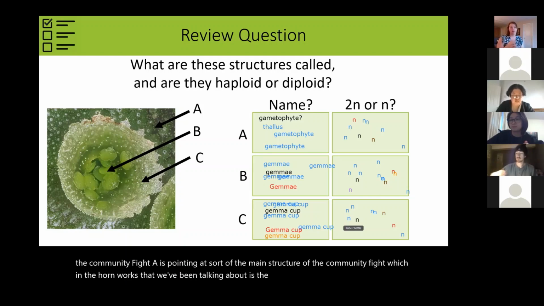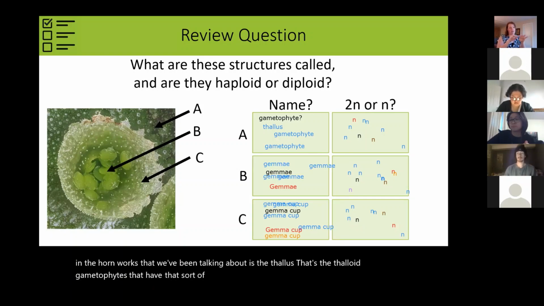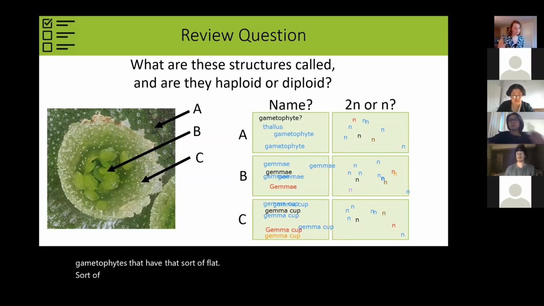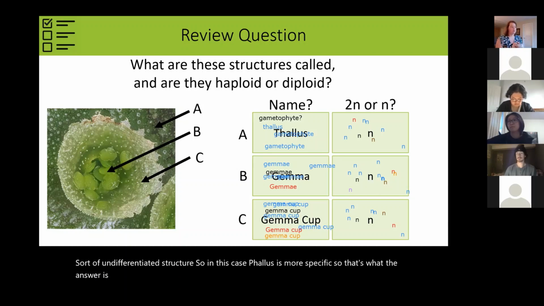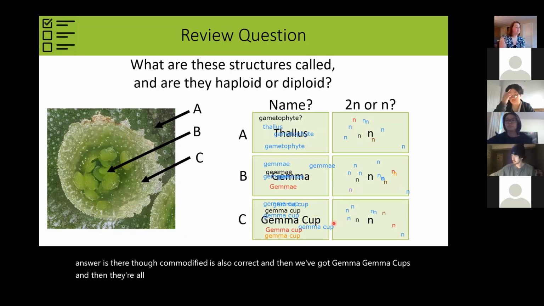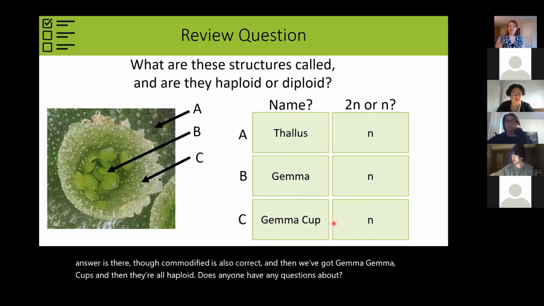That's the thalloid gametophytes that have that flat, undifferentiated structure. So in this case, thallus is more specific, so that's the answer there, though gametophyte is also correct. And then we've got gemma cups, and then they're all haploid. Does anyone have any questions about either of these questions?